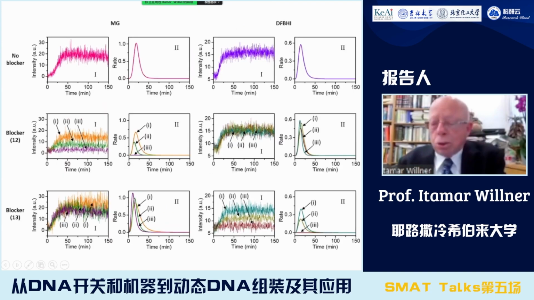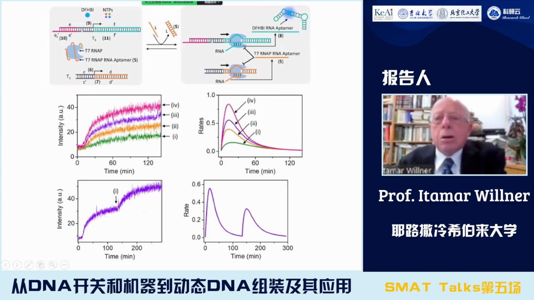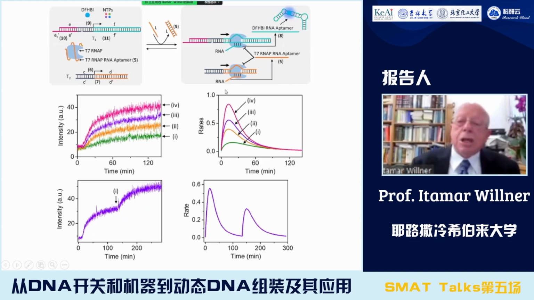We did the same story for another aptamer, the so-called broccoli aptamer, and we were able to show that we can control in a suicide manner the formation of the second aptamer.